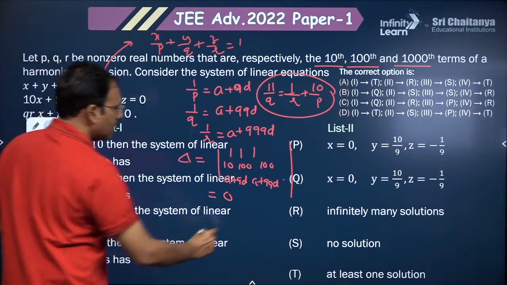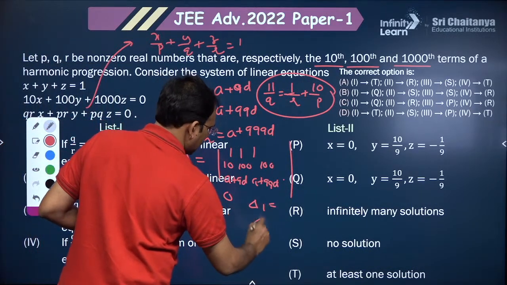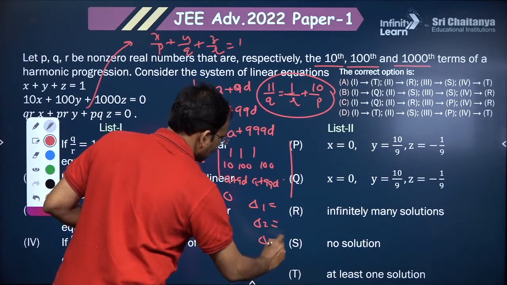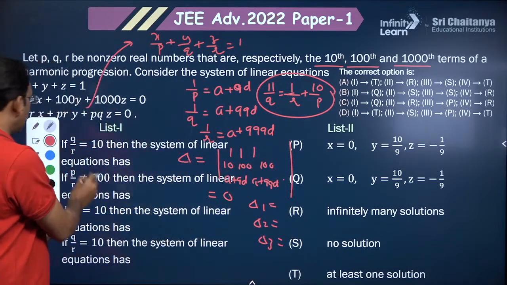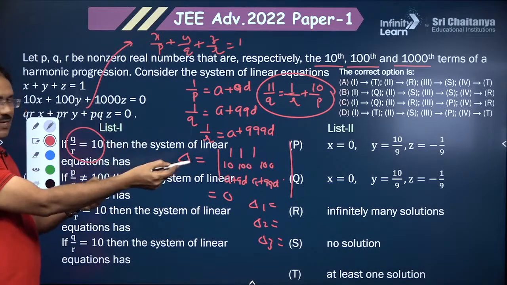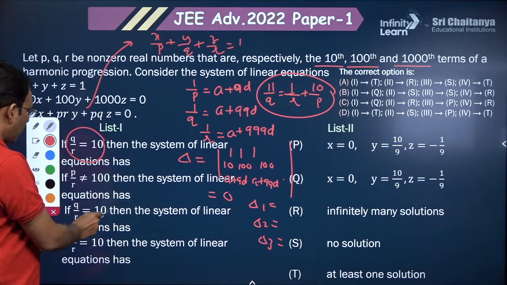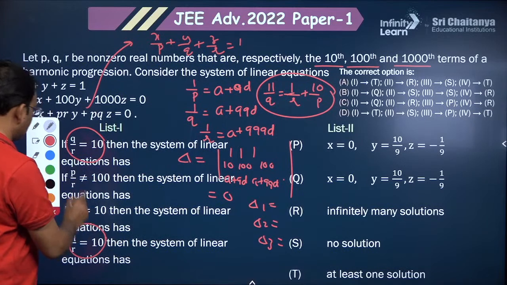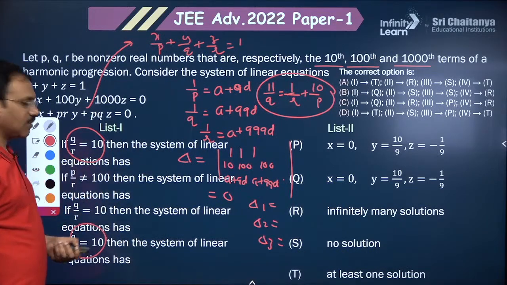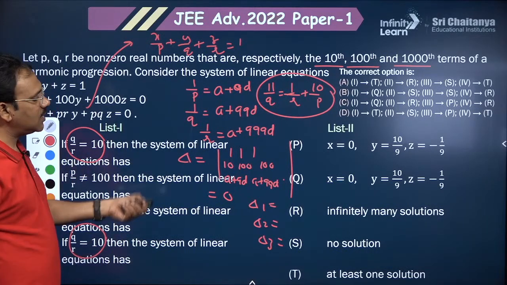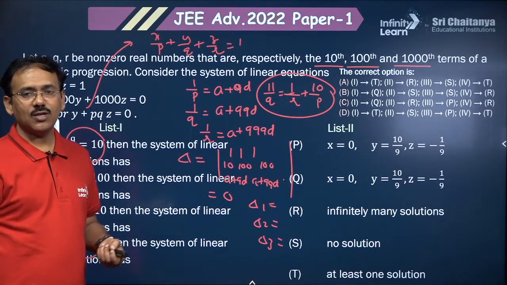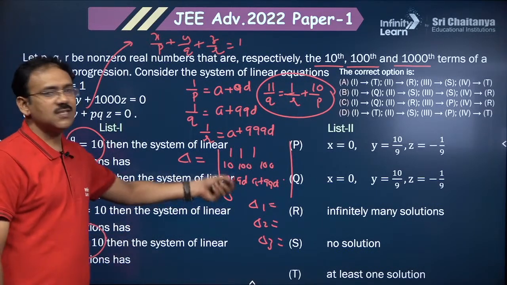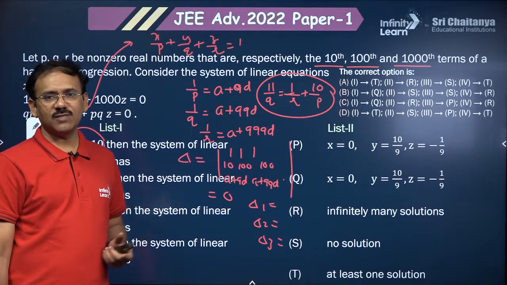In the same way, you write delta 1, delta 2, delta 3 values, and you can take common terms. You will get them in terms of q by r minus 10 and p by r minus 10 terms. With these conditions, you check where you are going to get a unique solution. Undoubtedly, this is 0, which means infinitely many solutions will be there.